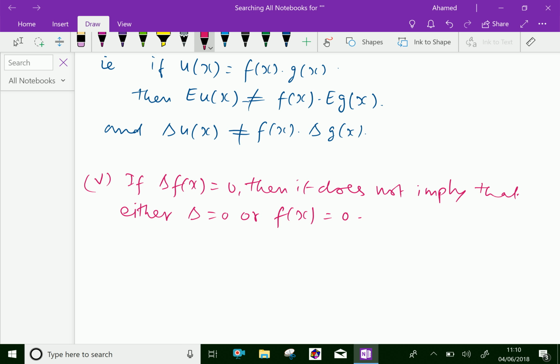We cannot mean it; they are separate conditions, Δ = 0 or f(x) = 0.